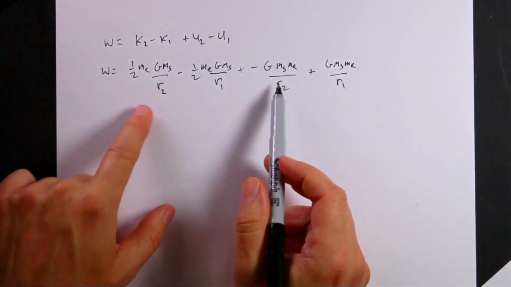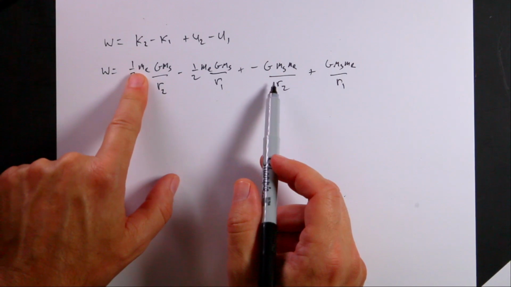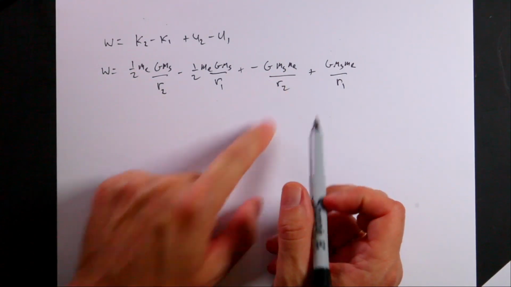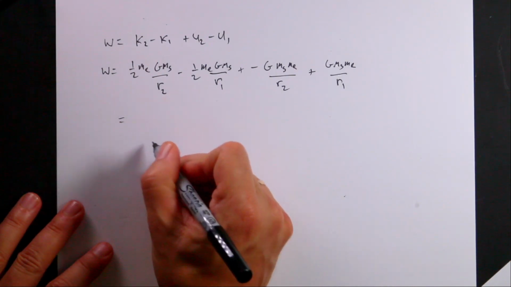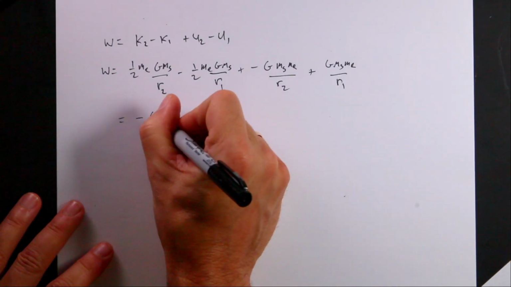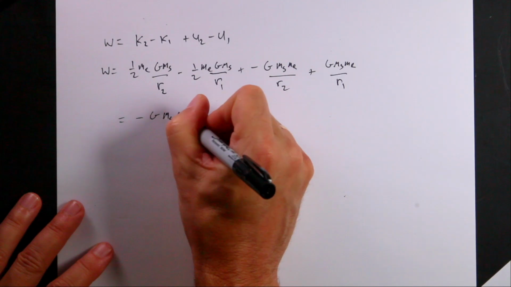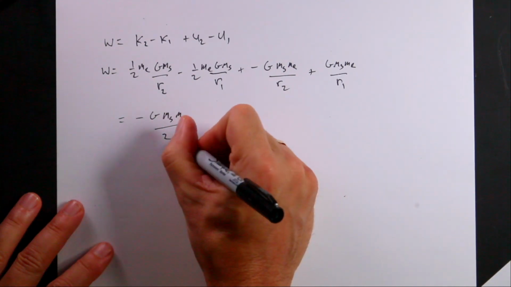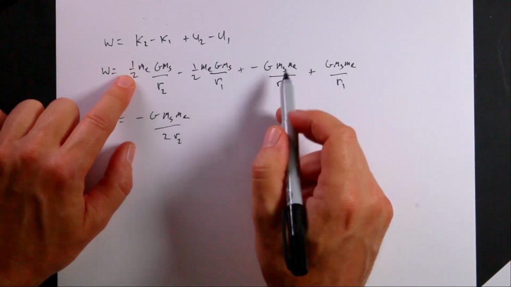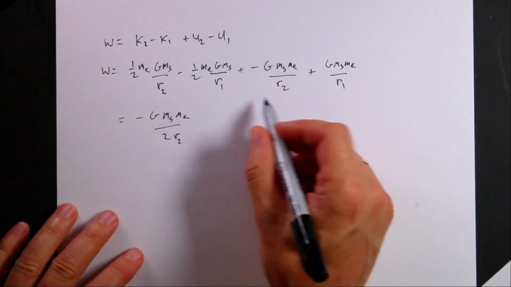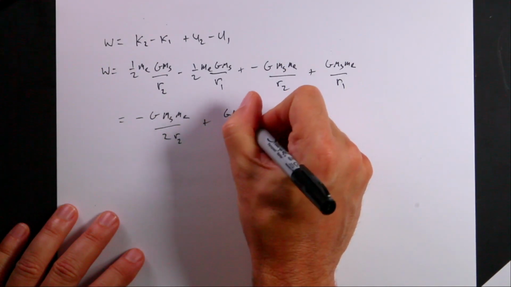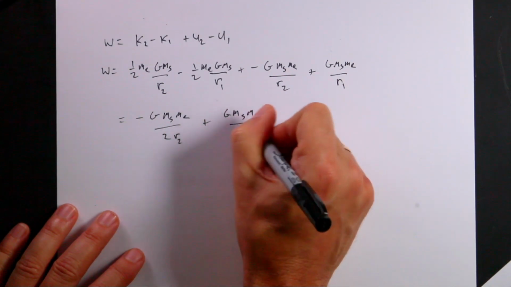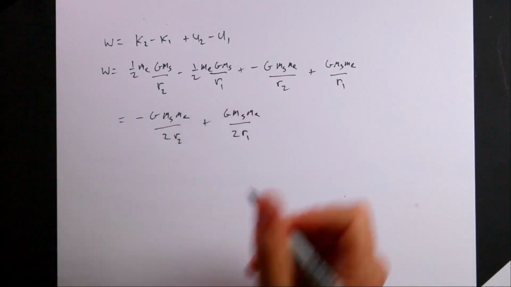Now I can combine terms. Both of these terms are the same: I have 1/2 and the same thing but minus. So this is going to be equal to minus G mass of the Sun, mass of the Earth over 2 R2, because it's 1/2, and then plus G mass of the Sun, mass of the Earth over 2 R1.